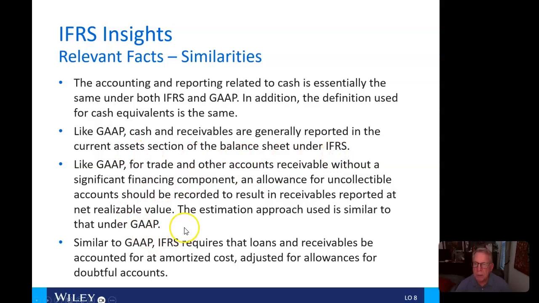That's a similarity. And then, like GAAP, for trade and other accounts receivable, an allowance for uncollectible accounts should be recorded. The estimation approach is similar under GAAP. And then, similar to GAAP, IFRS requires that loans and receivables be accounted for at the amortized cost, adjusted for allowance for doubtful accounts.